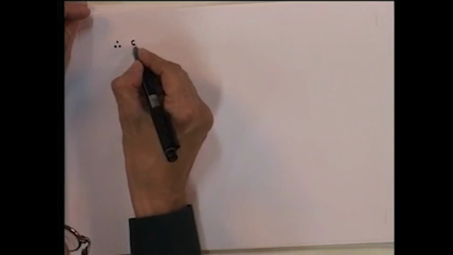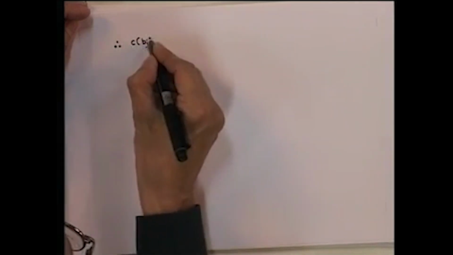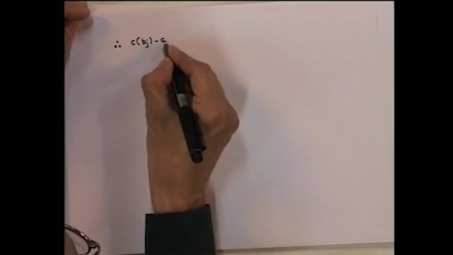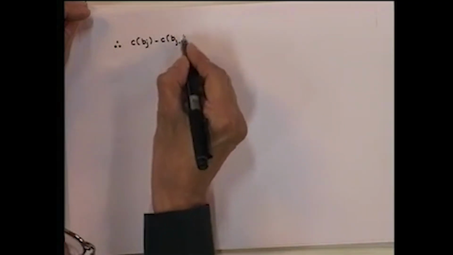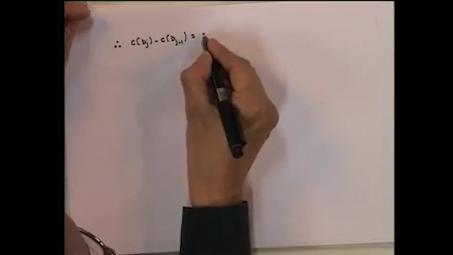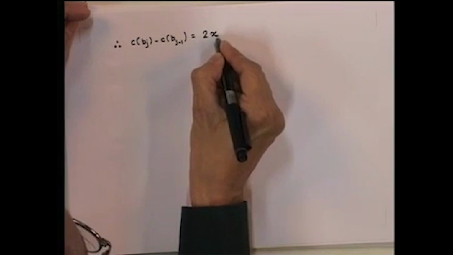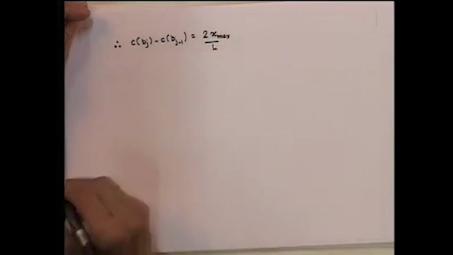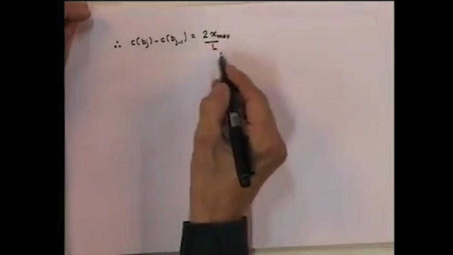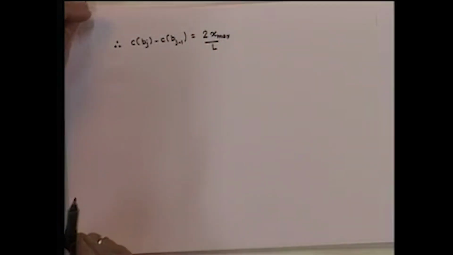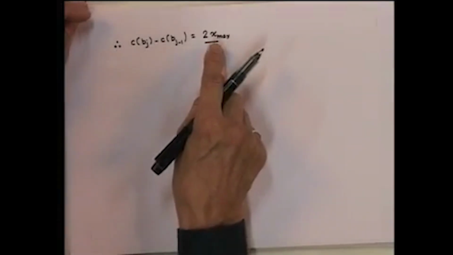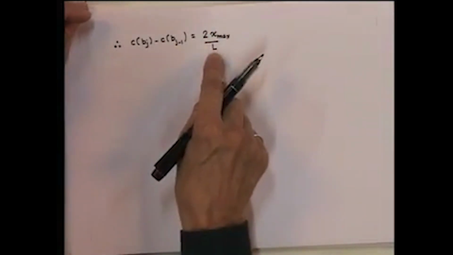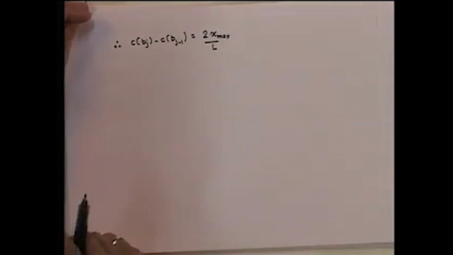Therefore, we can write C b j minus C b j minus 1 is equal to 2 x max by L. This is the step size of a uniform quantizer, where the input is bounded by x max and there are L number of levels.